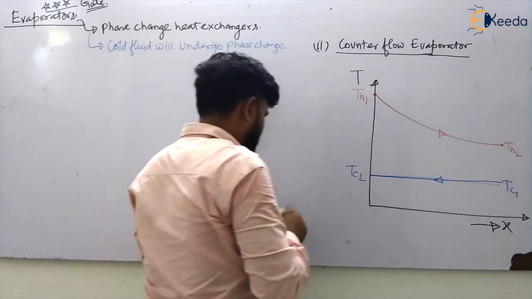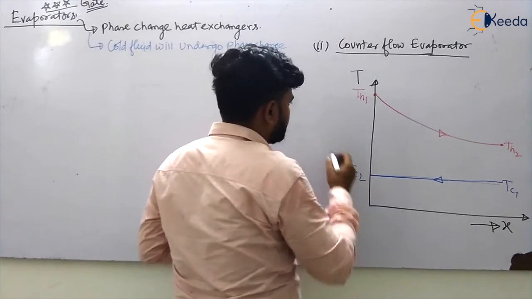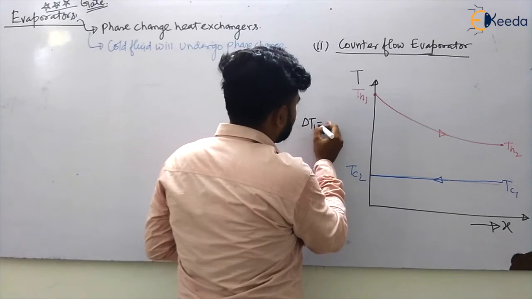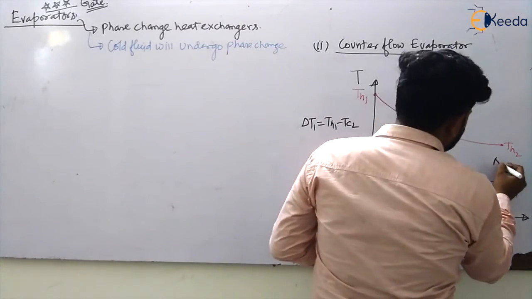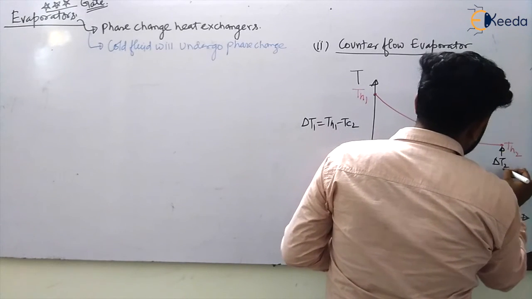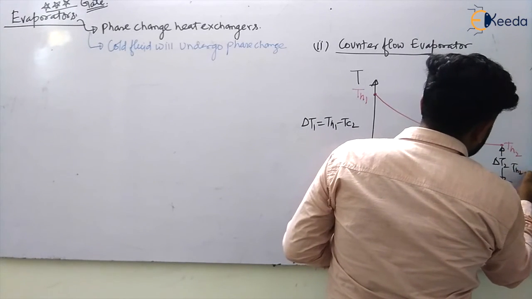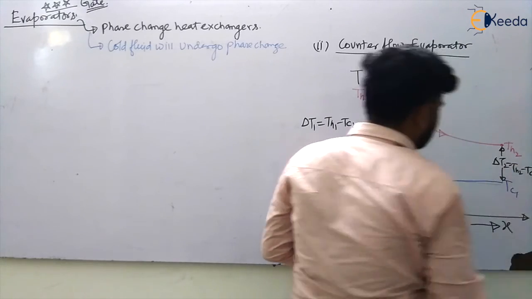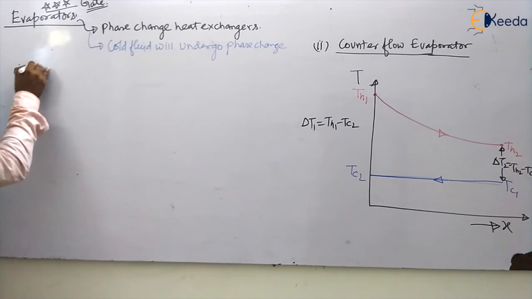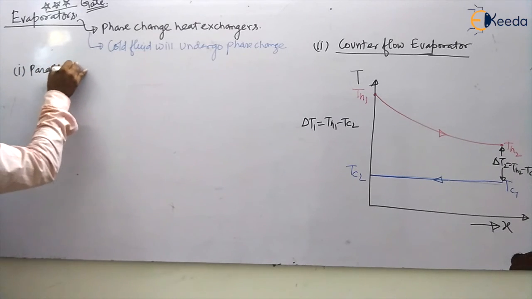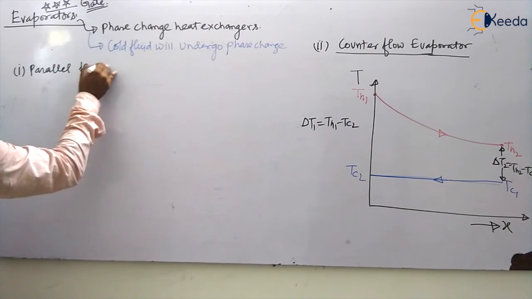So what will be delta T1? Delta T1 will be equal to TH1 minus TC2, and delta T2 will be equal to TH2 minus TC1, my dear students. So let us see for the first case, which is your parallel flow evaporator.